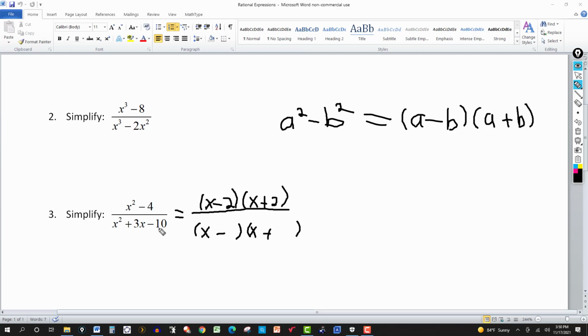And then I look for factors of 10, so that when I multiply these two factors out, I get the original trinomial. So I can use 2 and 5. I can use 10 and 1. So let's put a 5 here and a 2 here, and then check it out. So again, to make sure they're the correct factors, sometimes you have to reverse these because you got the sign wrong.